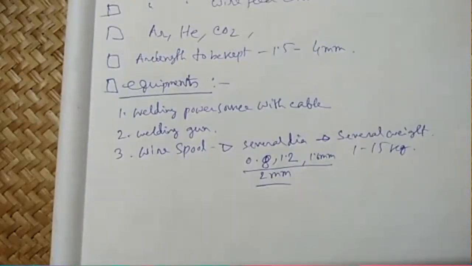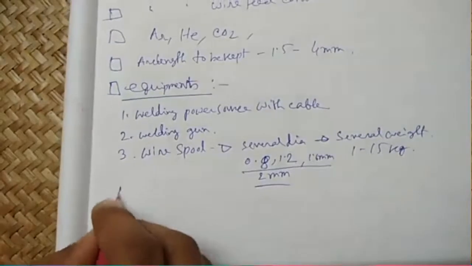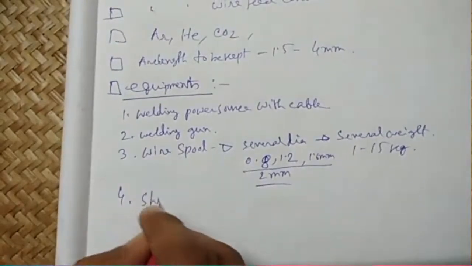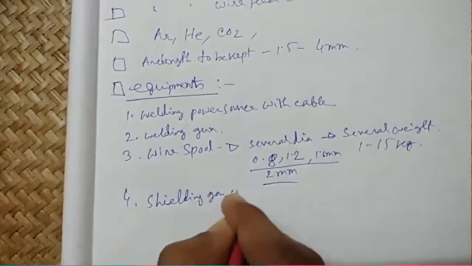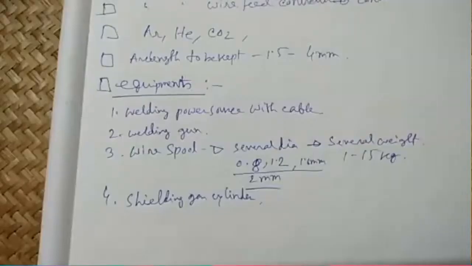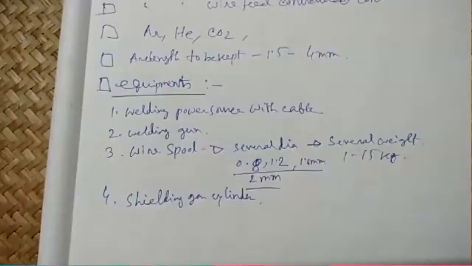Then next we require a shielding gas cylinder. Sir, what is the effect of the diameter on the welding? If you require a higher deposition rate, or you are welding bigger, thicker jobs, then you need a very high deposition rate. In such a case, you have to go for a higher diameter with higher currents.